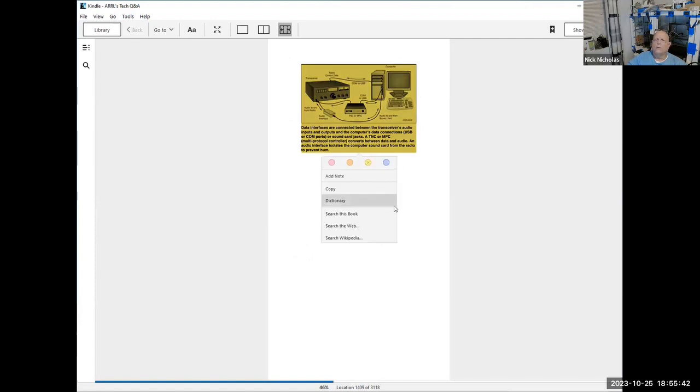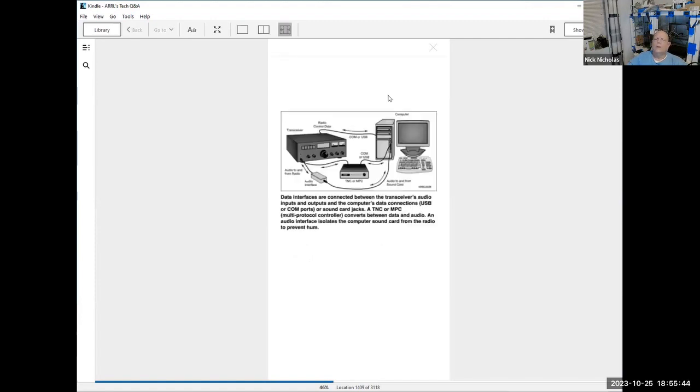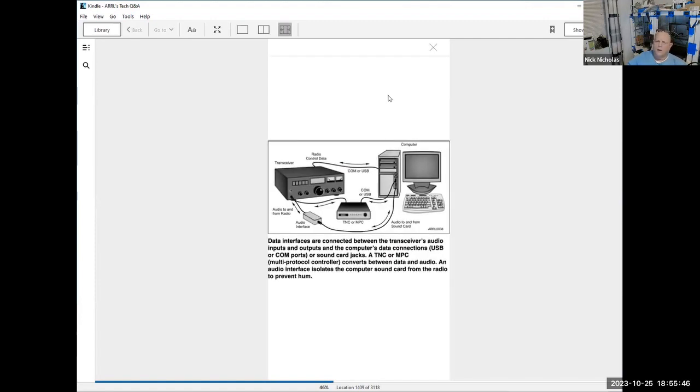I knew it's here. There we go. The interface gets connected to the input and the output audio. Now, some are designed to do like this one, where you connect one to the computer and the other to the radio, and some are designed to go everything through the interface.